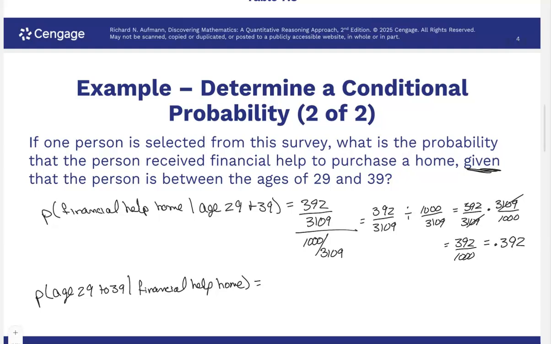So remember our formula. Let me write that up here so we don't forget it. Probability of B given A is probability of A and B over the probability of A.